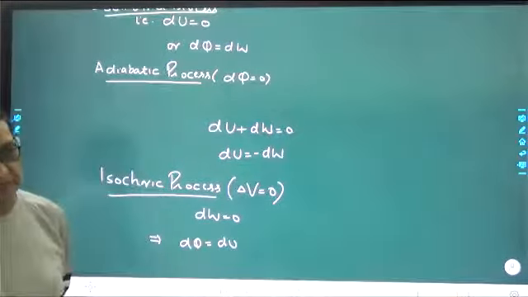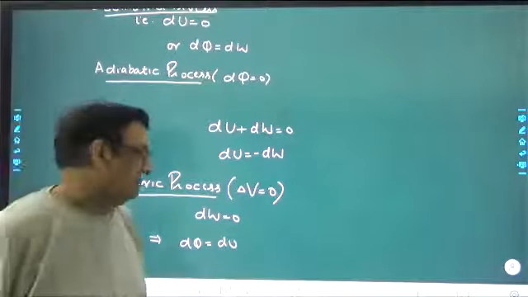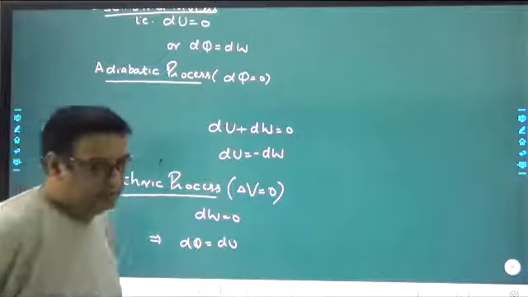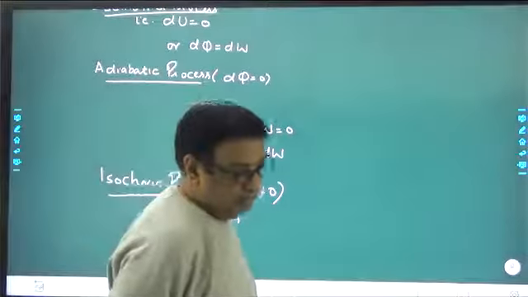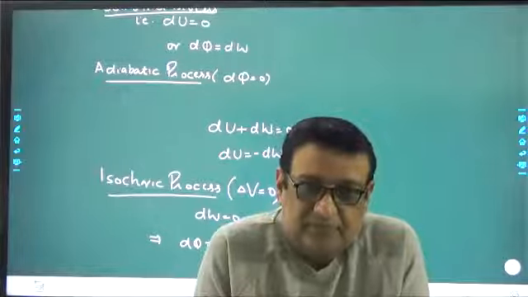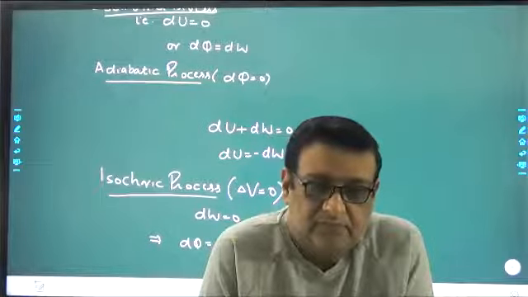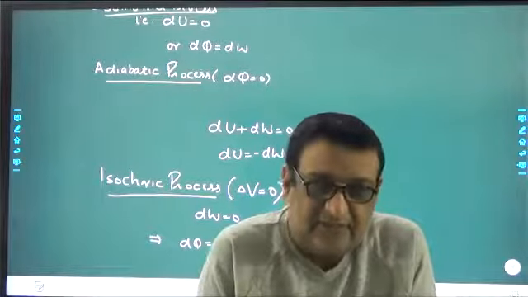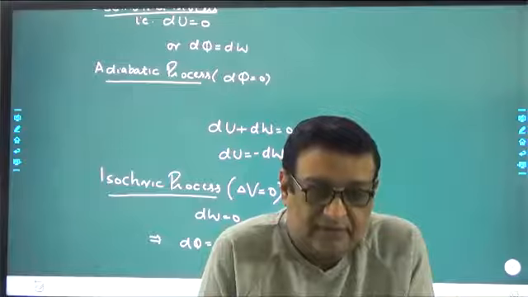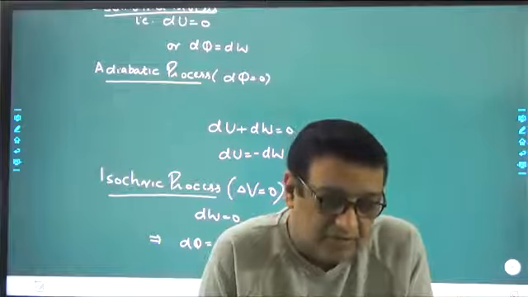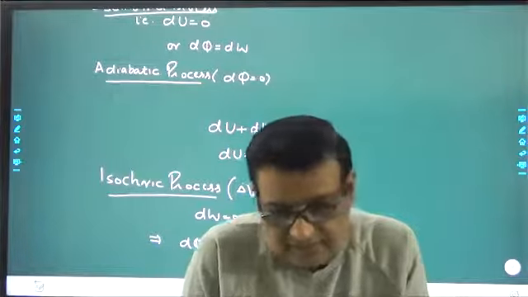From first law of thermodynamics, dq is equals to du, which implies that whatever heat energy change takes place, an equal amount of change in internal energy is there.